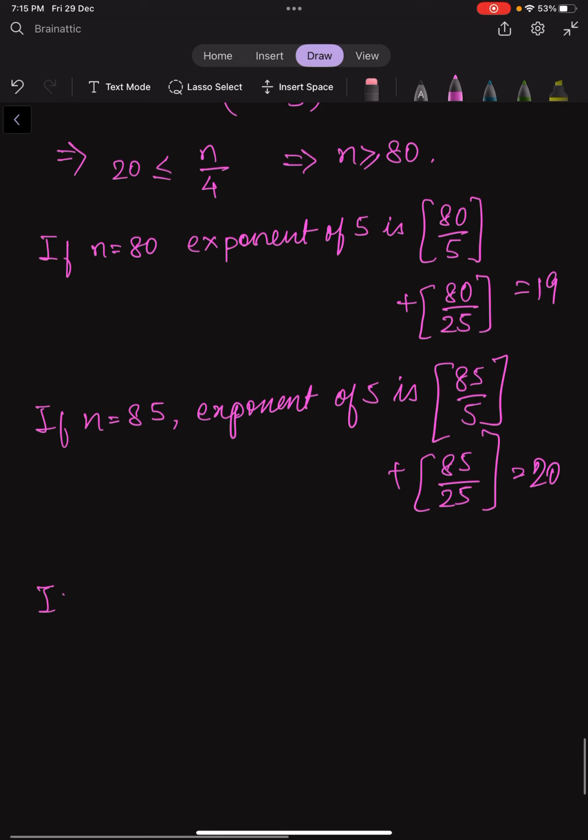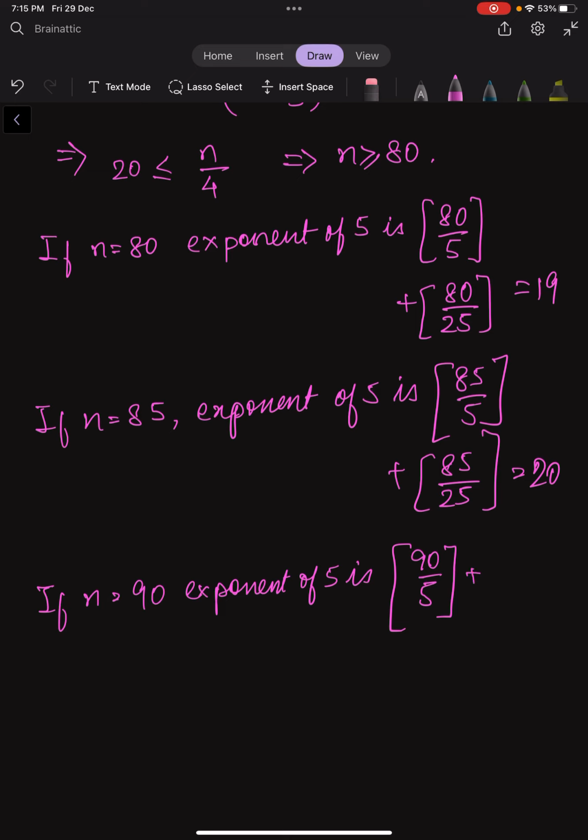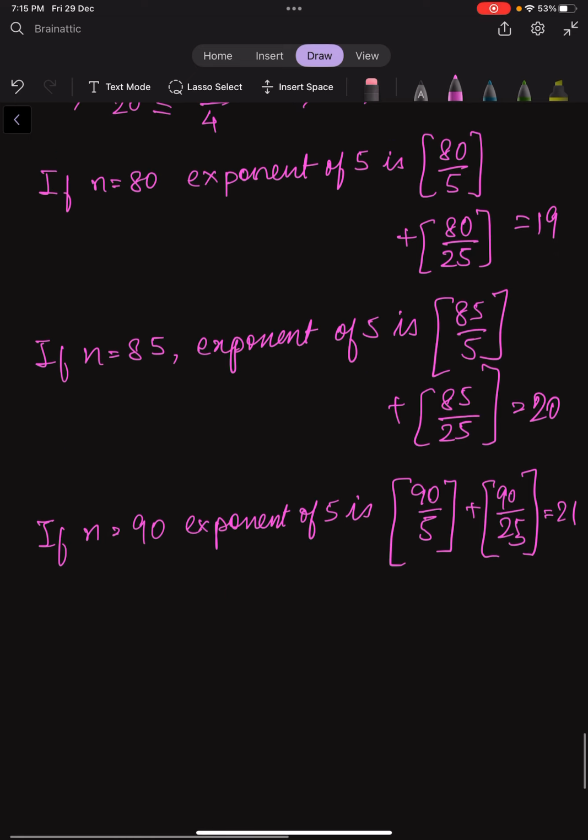And if n is equal to 90, exponent of 5 is 90 divided by 5 plus 90 divided by 25, which is equal to 21. Therefore, we now know that n belongs to 85, 86, 87, 88 and 89.